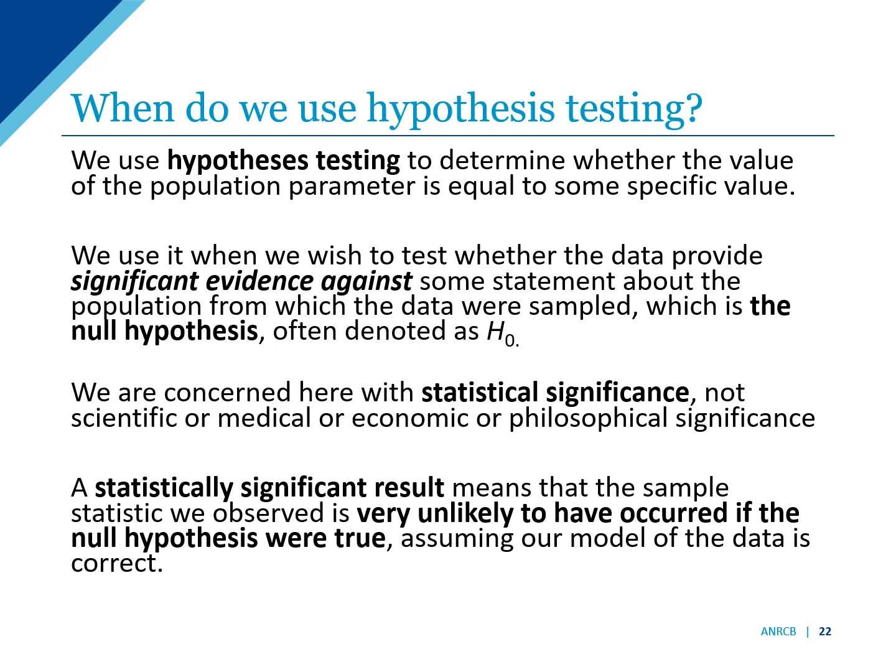And we're concerned here with statistical significance, not scientific or medical or economic or philosophical significance. A statistically significant result means that the sample statistic that we've observed is very unlikely to have occurred if the null hypothesis were true, assuming that our model of the data is correct, that is, that our statistical assumptions are true.